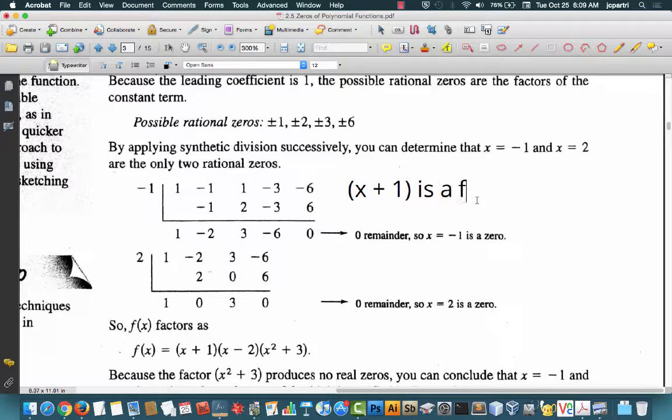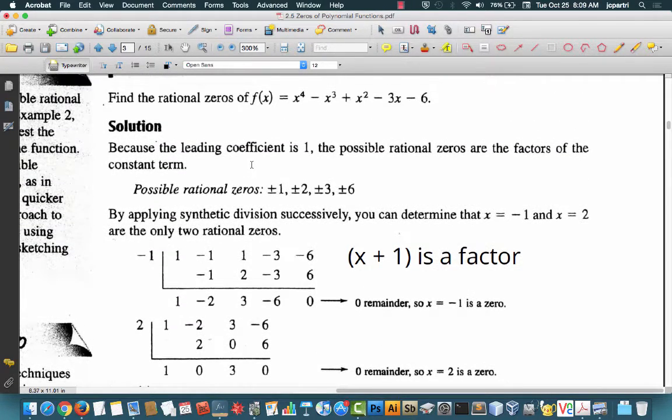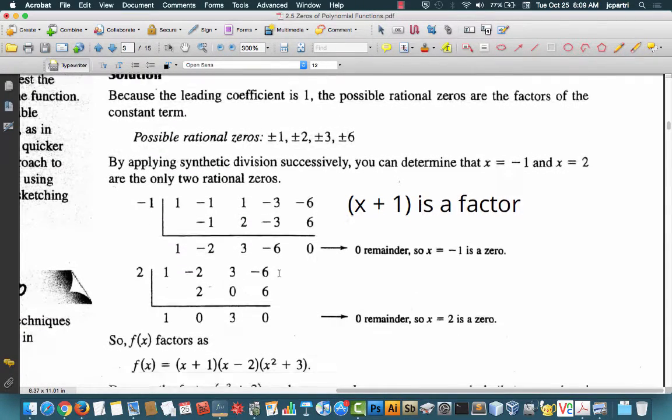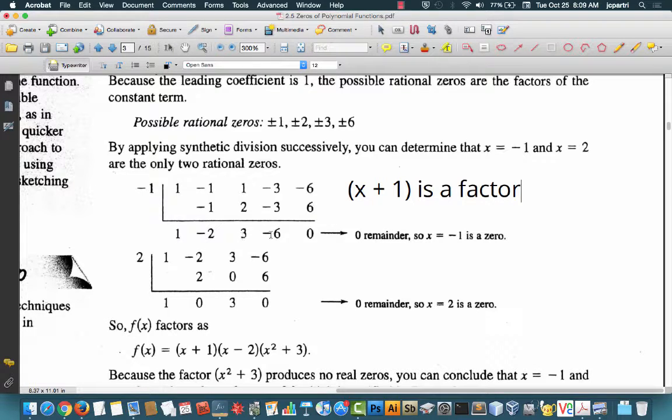factor of the function. So this function can be broken up into x plus 1 times 1x cubed minus 2x squared plus 3x minus 6. Now, once you've gone through the synthetic process, you choose either the same number again or a new number. They decided to choose the number 2, which is in this list.